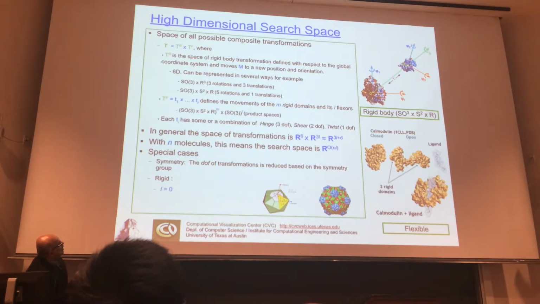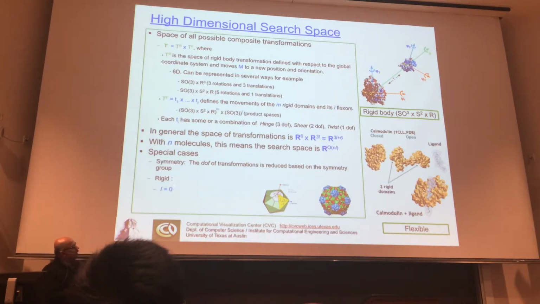So in general, if you have n components, the combinatorial nature of it starts impacting you. So you have 3L plus 6, where if these molecules were flexible, which I'll show you one model of, then this thing becomes n to the r n to the l.